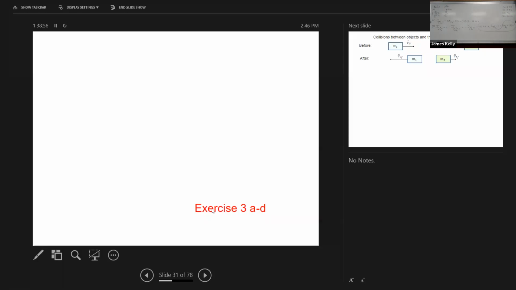And I already know the impulse delivered by the 1 kilogram mass to the 3 kilogram mass, right? Let me make sure I'm reading them correctly. Oh, yeah, on the 3 kilogram mass by the 1 kilogram mass. So we're concerning ourselves with this impulse right here. And I know what this impulse is.